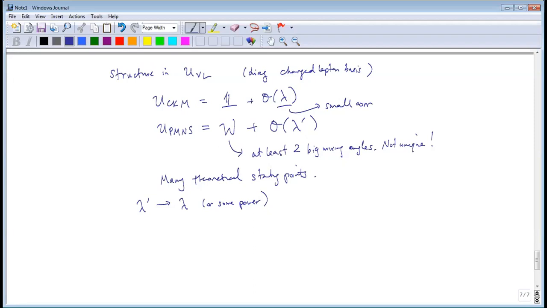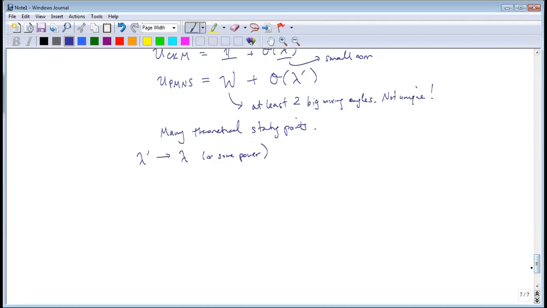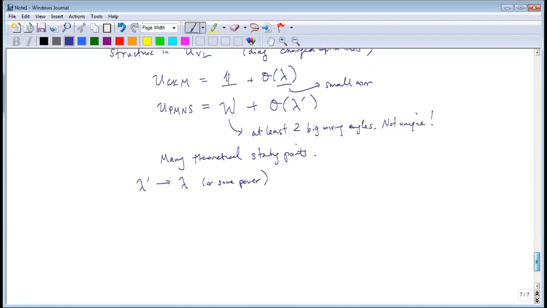Okay. So this has been the sort of dominant paradigm for quite some time. And I think it was in part historical because of the fact that the smallest angle, theta 1,3, is currently the one that's best measured by far, but it was also the last one to be measured. So for a long time, there was a thought that maybe whatever this W is, it's some function of theta 1,2 nu, theta 2,3 nu, theta 1,3 nu.